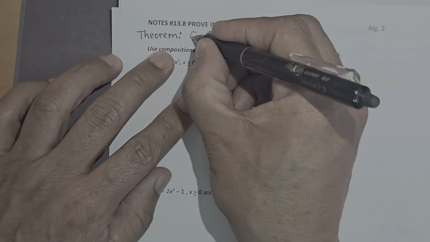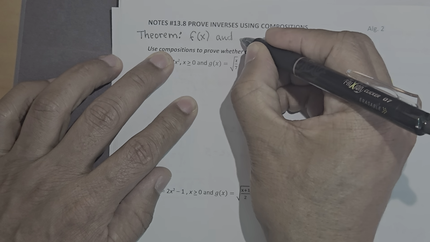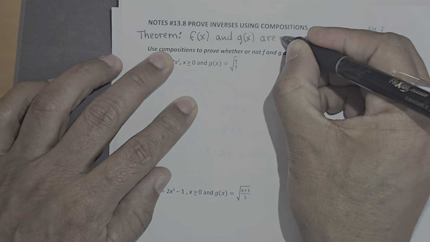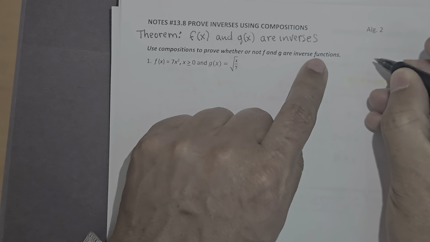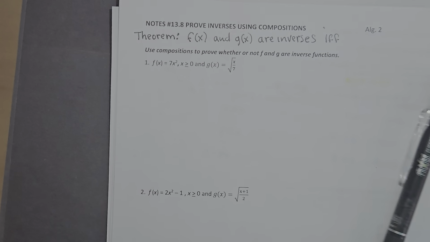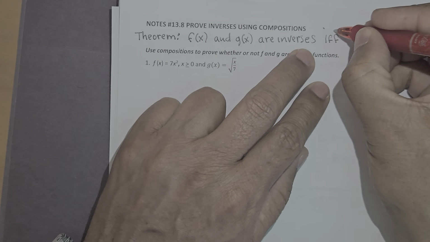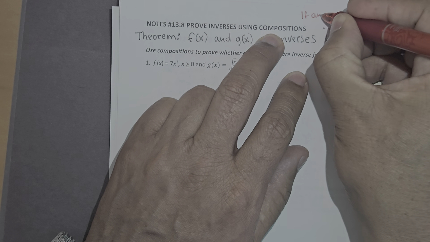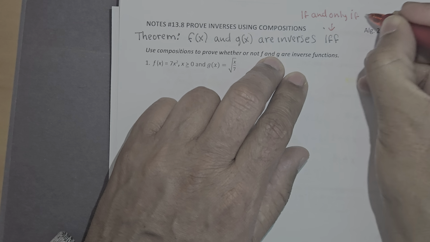Okay, so the theorem says the following. Any function f of x and a function g of x are inverses if and only if the following compositions are true. You saw this in geometry. It means this is a biconditional.